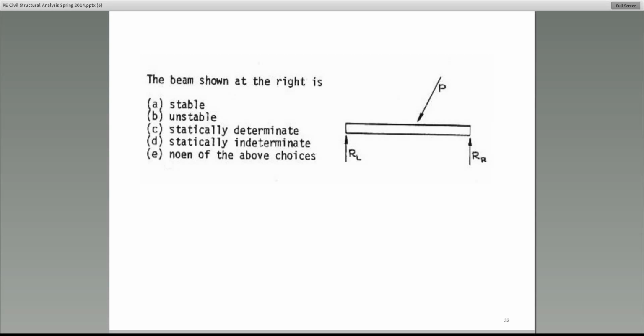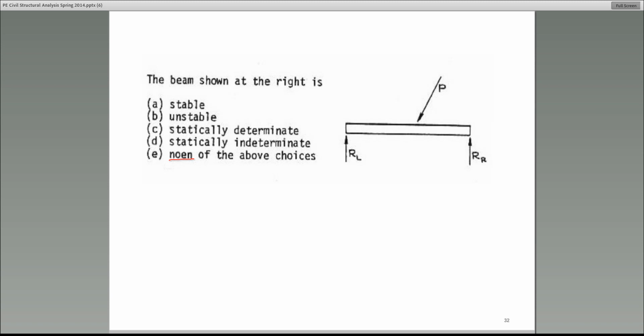Okay. I have a series of problems here that are similar to what have shown up on some tests. In this case, the beam shown at the right is what? What do you think? By the way, this choice E is none of the above choices. And what would you pick here? Okay, Steven says unstable.